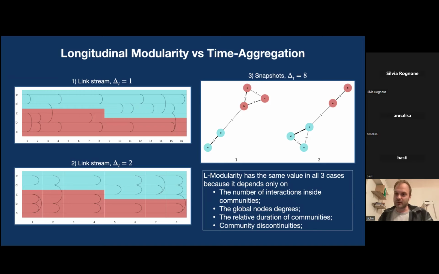And the point is that with any of these 3 configurations, the formula result will be the same. It's not very common when you manipulate temporal networks and community structures to have this kind of result. But of course, if you take the one on the top left, maybe you can find a community structure that is more suitable for this granularity. So we have to keep this in mind.